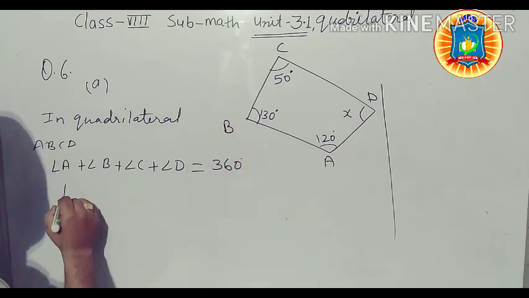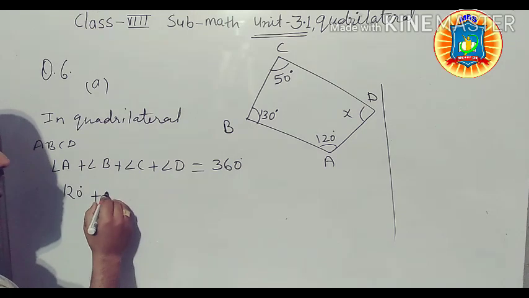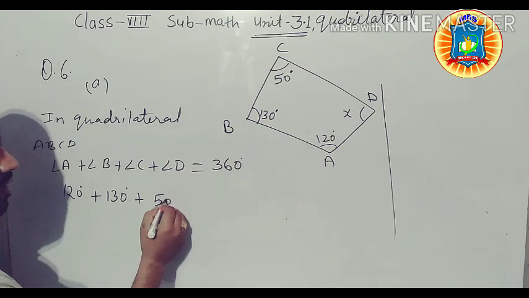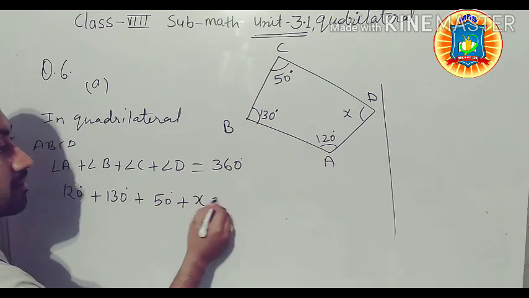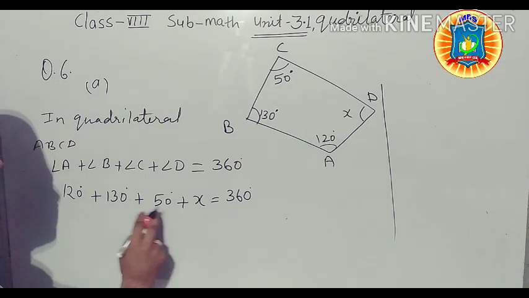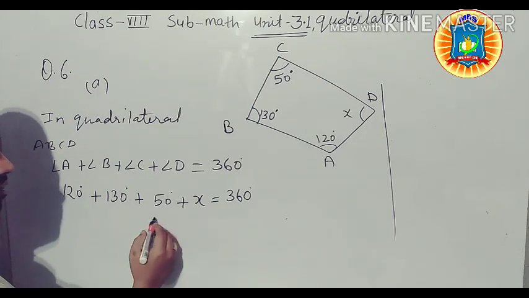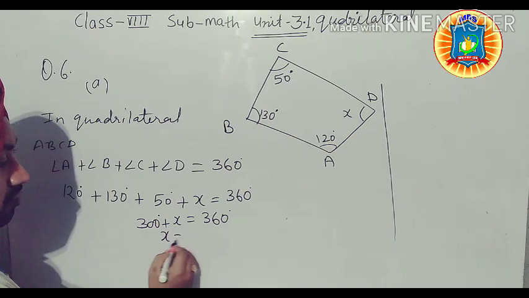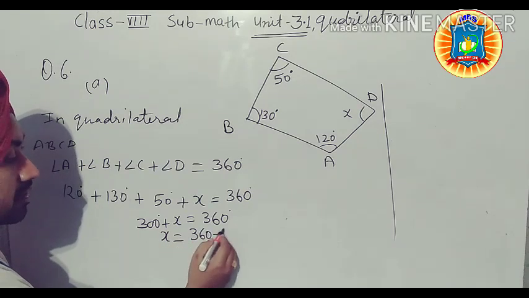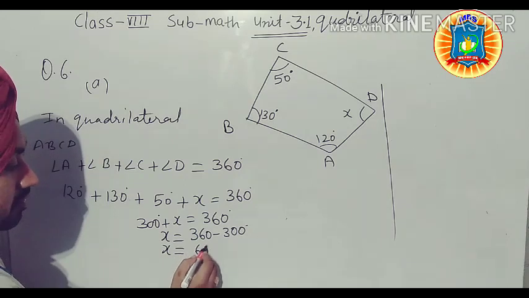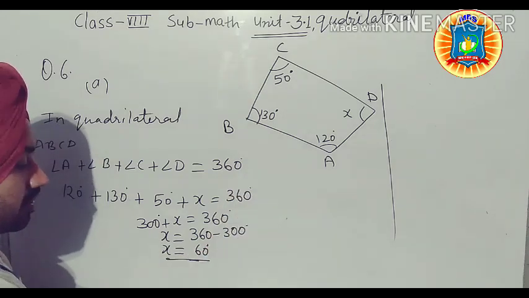The value of A is 120 degree, B is 130 degree, C is 50 degree, and D is x, which equals 360 degree. First we add them: 250 plus 50 is 300, so 300 degree plus x is equal to 360 degree, and the value of x is 360 minus 300, which is 60 degree. So the value of x is 60 degree here.